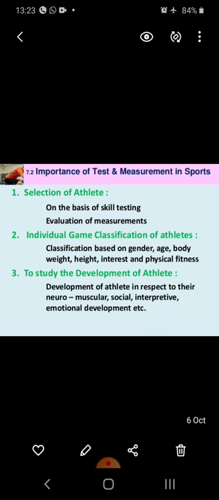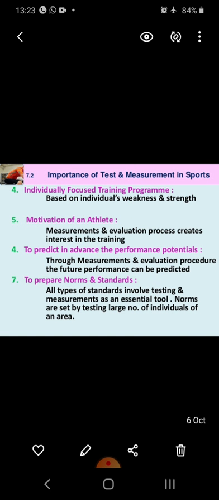Fine. Next is individually focused training programs. Through test and measurement, we will focus on individual training programs for different players or athletes. How can we focus? First we will take the test, then measurement, then evaluate through test and measurement.